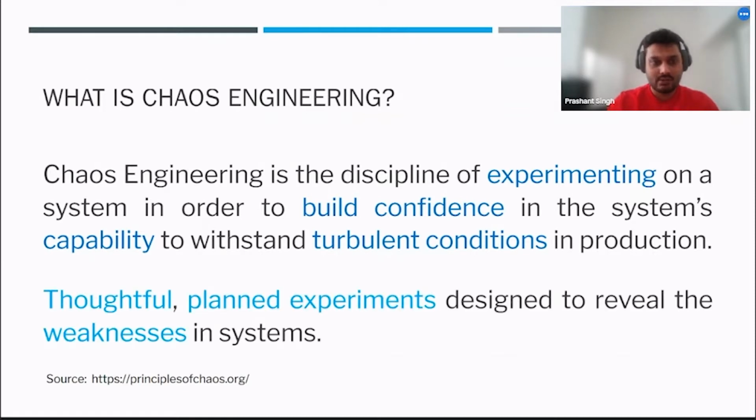In simple words, it is thoughtful, planned experiments designed to reveal weaknesses in systems. Basically, you have to think of something and plan an experiment around that, so that you can reveal the weakness in your system, maybe hardware, maybe software, anything it is.